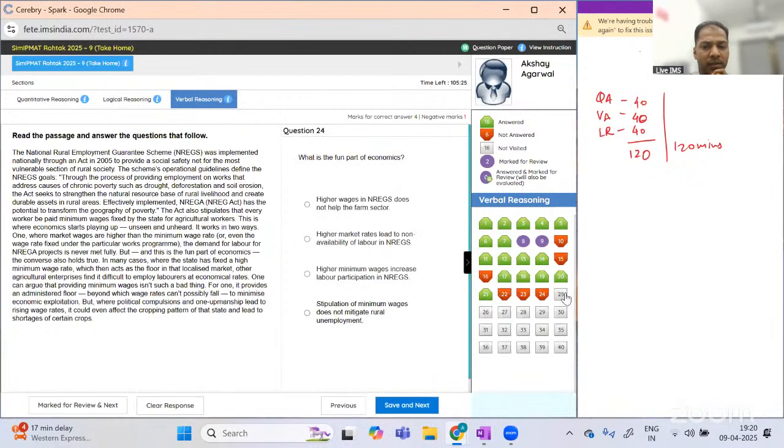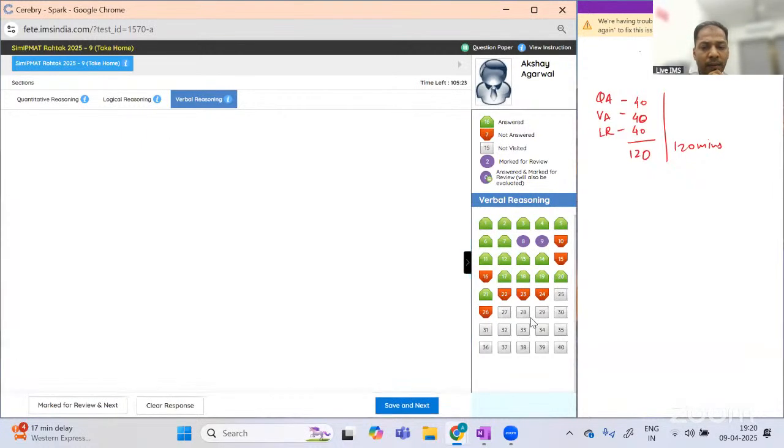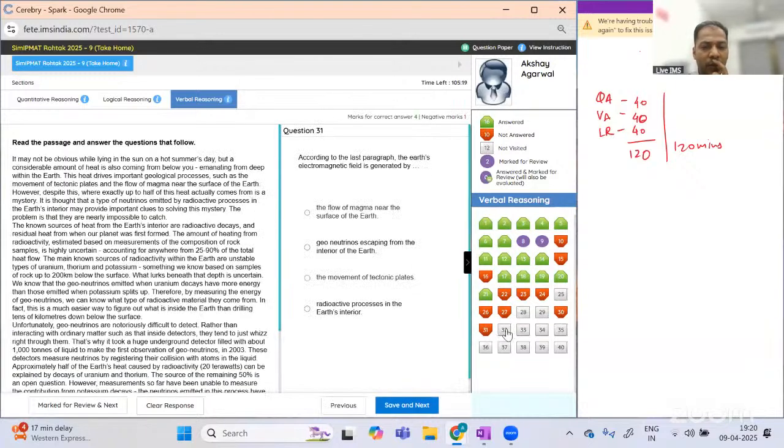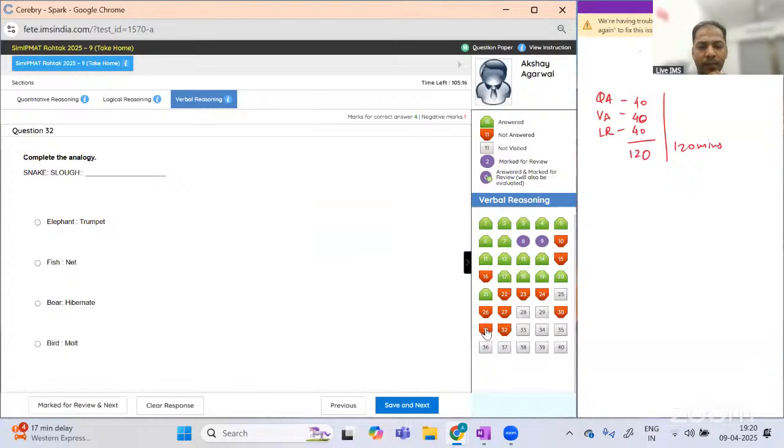I'll come to the RCs at the end. So there are all, okay. After the RCs, there is again analogy. Snake is to slough.